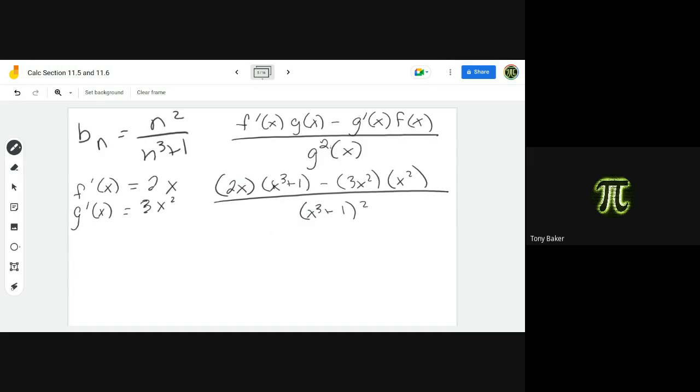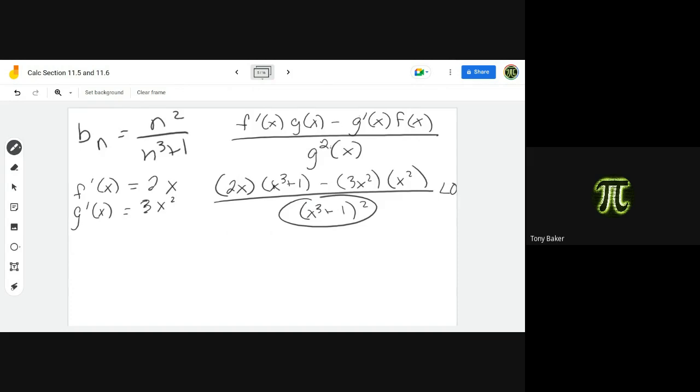If we look at this, can the bottom ever be negative? Because we're looking for this to be less than 0. Since the bottom can never be negative, the top is what I've got to look at.